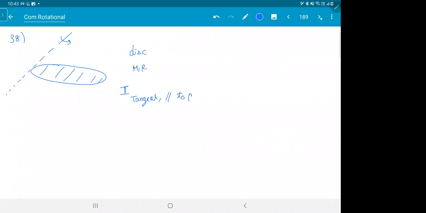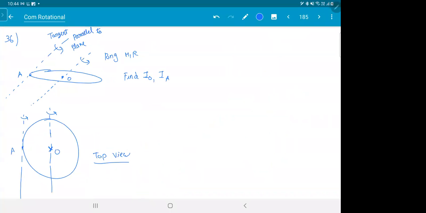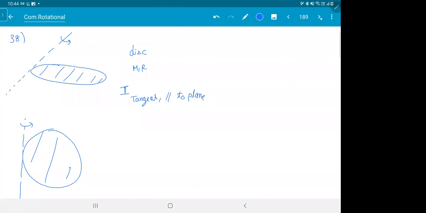Parallel to the plane, not perpendicular, meaning it looks like this from the top view. So it is the same question. Ring's tangent, I made it a disk now. Try for 2 minutes. You can use that ring as a reference and solve.